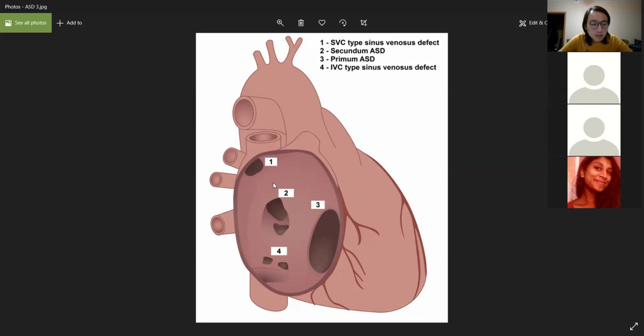Secundum was 80%, primum was 15%, superior sinus venosus defect is about 5%. The connection can sometimes cross partially or completely into the entry of the superior vena cava, so sometimes it can affect the valve as well.